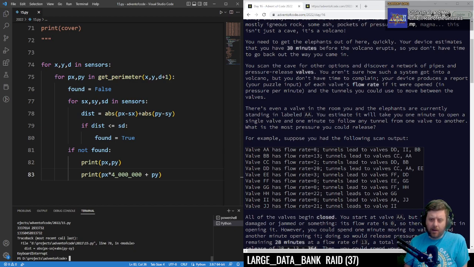This is technically a time-dependent graph problem.